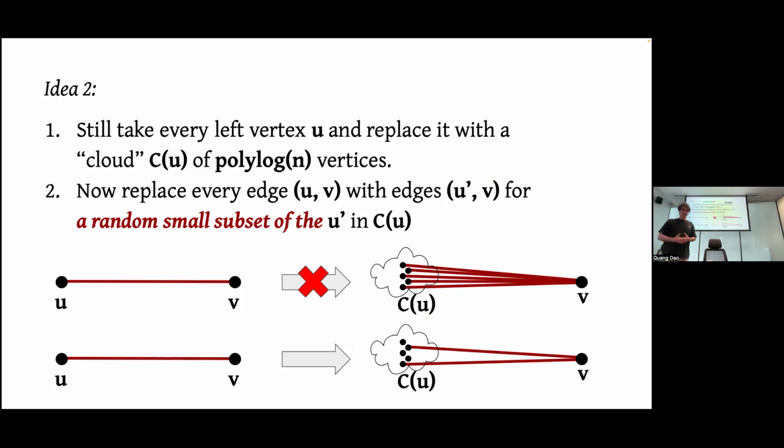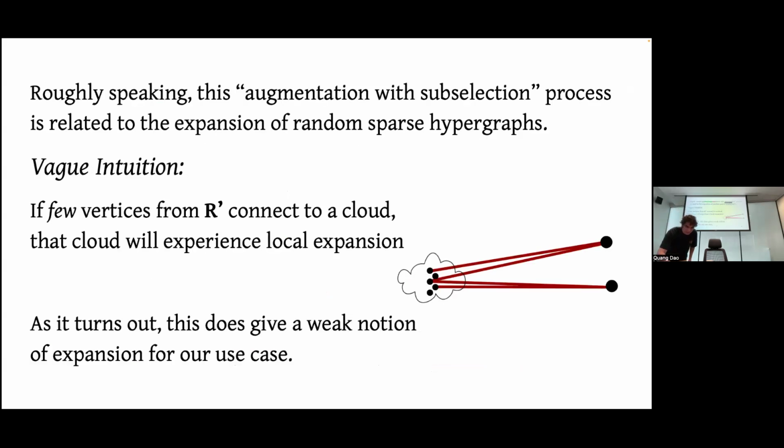But there's another idea, which is we can still do these vertex clouds. But now for every edge UV, instead of connecting to every vertex in the cloud, we're just going to pick a random small subset of the vertices in the cloud and connect to only those. Roughly speaking, this is actually related to the idea that random sparse hypergraphs are good expanders.